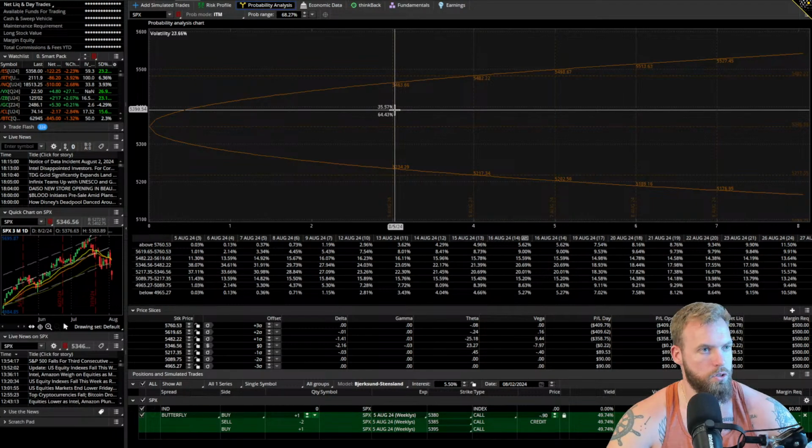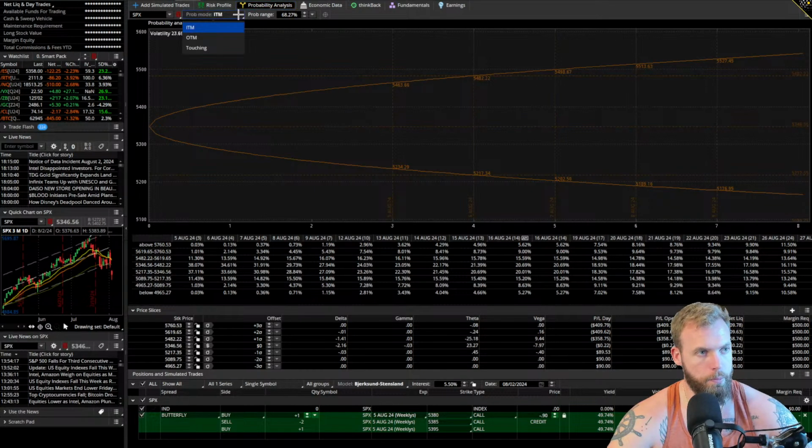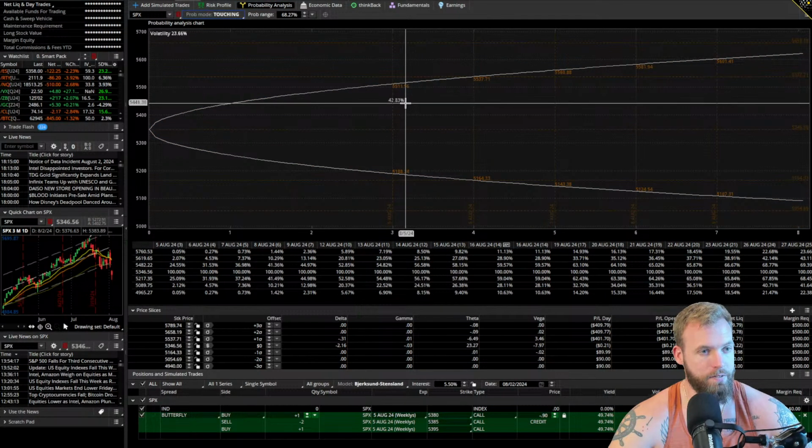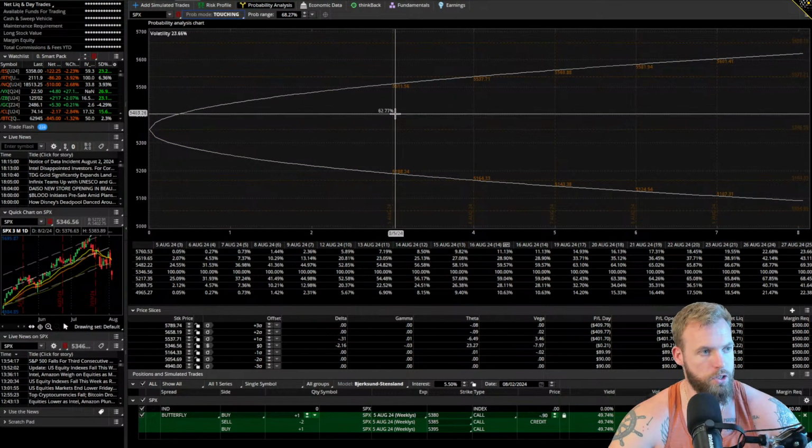So the probability of that being in the money above that is like 36%. So 36% probability profit of expiring as of now, but let's see what the probability of a touch is.